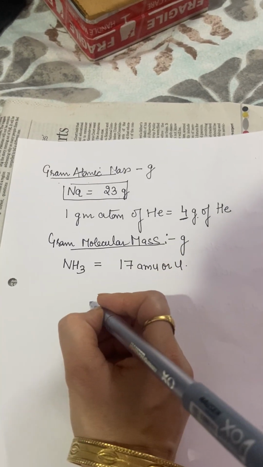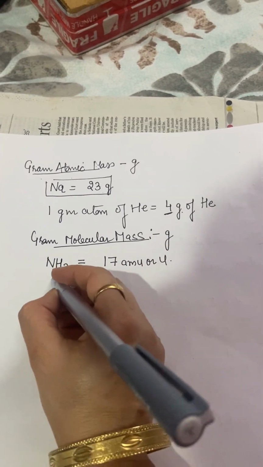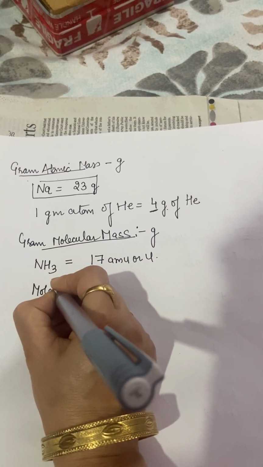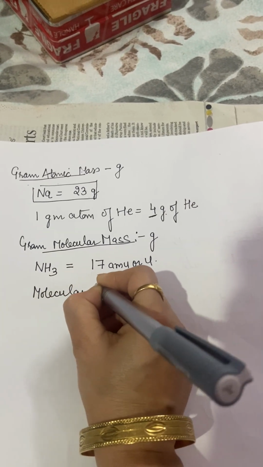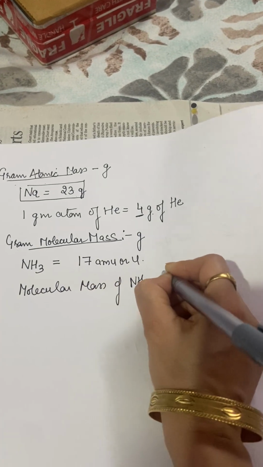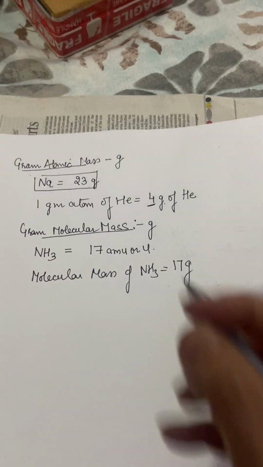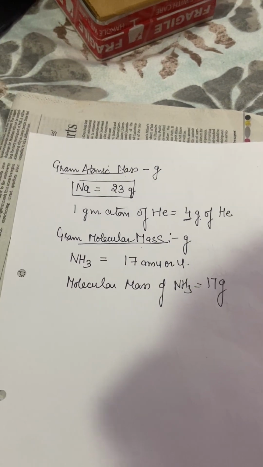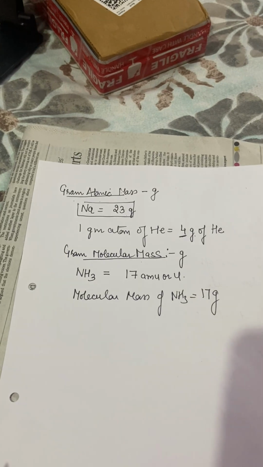If I have to calculate the molecular mass of ammonia in grams, how much will it be? It will be 17 grams. So this is the difference between gram atomic mass and gram molecular mass. I hope it is clear to everybody.